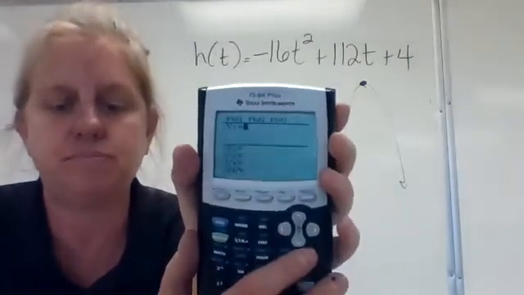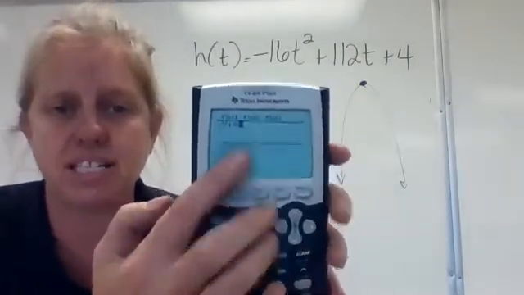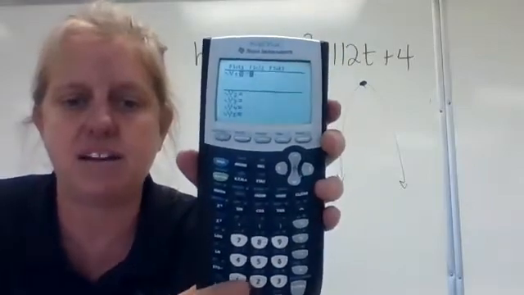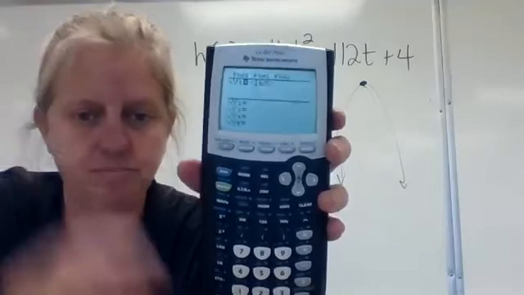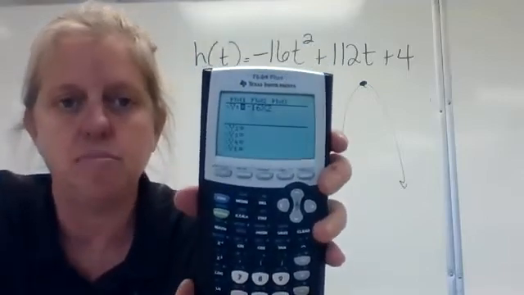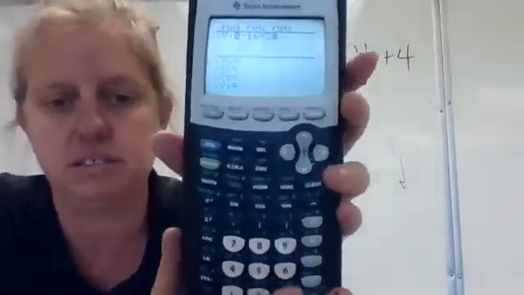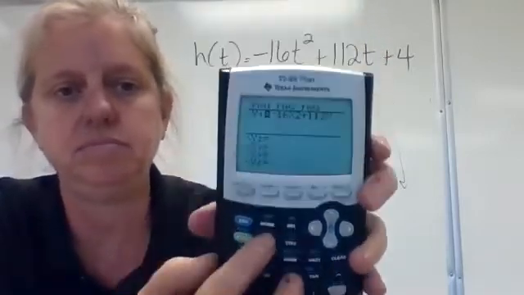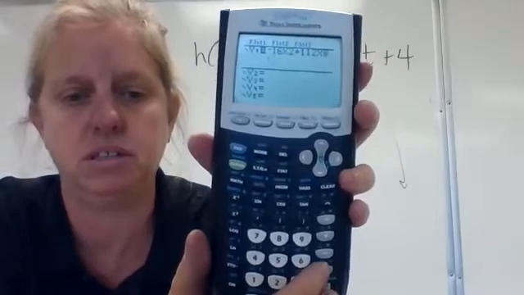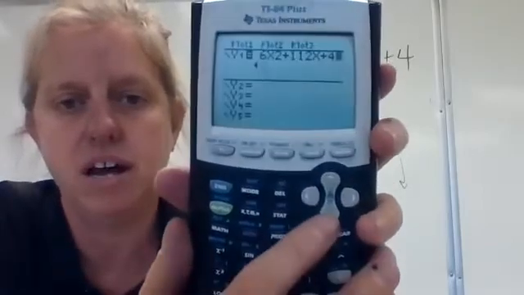So let's come to our y equals. And we'll just put in x's instead of t's. So negative 16x squared plus 112x plus 4.